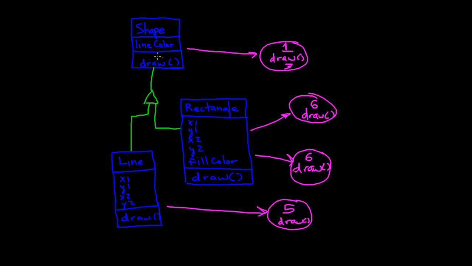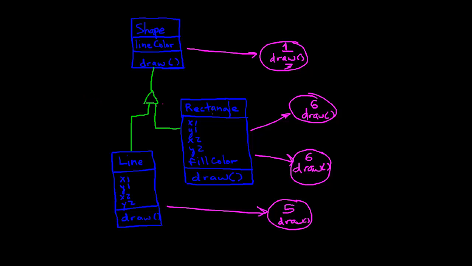Now you might ask, well, why did I design it this way, since both line and rectangle have these 4 integers, let's say, the 2 corners of the rectangle and the 2 endpoints of the line. We could have moved x1, y1, x2, and y2 up into shape, and then they would not have to be redefined down in rectangle in the line class.